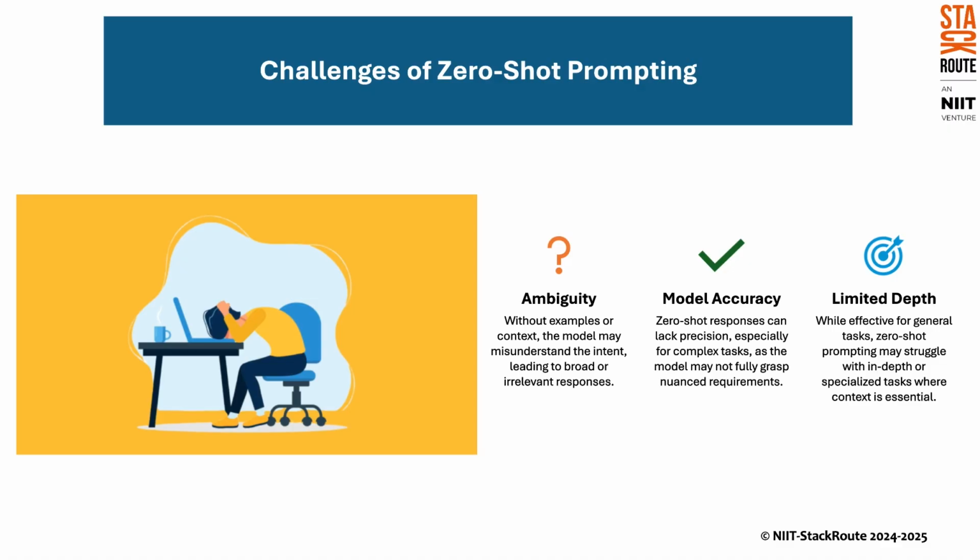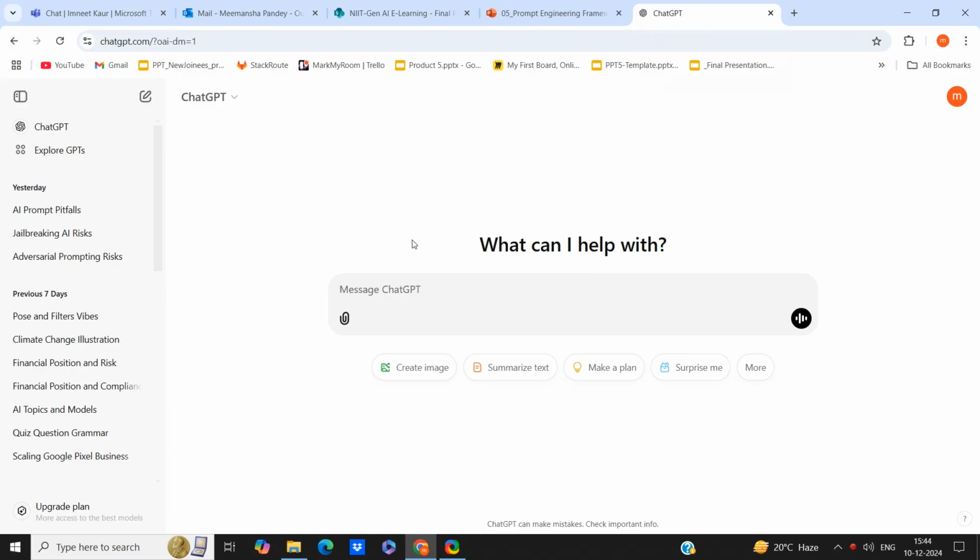Now let's say we want to demonstrate how zero-shot prompting can quickly generate preliminary audit summaries from raw financial data without specific training examples. Let's go to ChatGPT and see how it works. Now let's give the prompt.